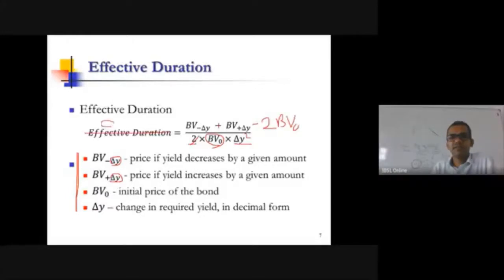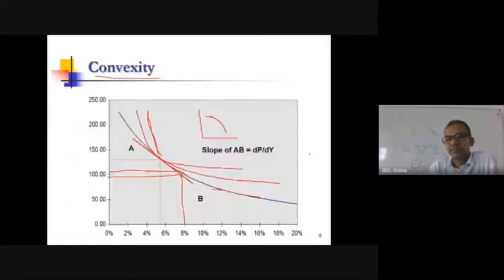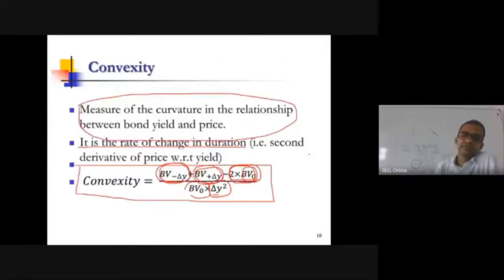This is convexity. Clear? Effective duration equation and convexity equation are very close. Same terms are used.